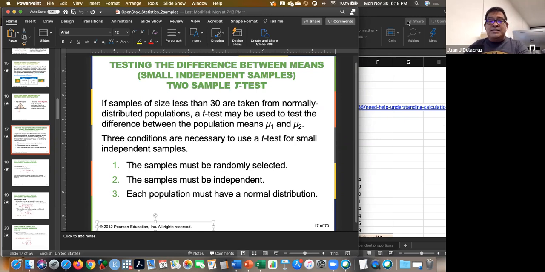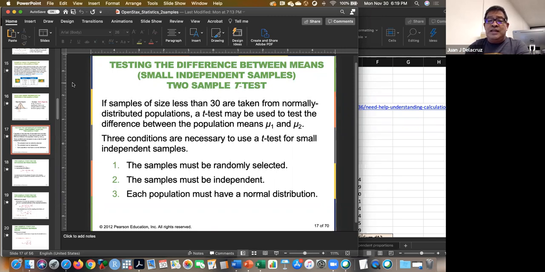So in the previous class, we were looking at two different samples, and we were performing these hypothesis tests for two different means. We were assuming that the sample was big, meaning we had 30 or more elements in our sample, or we already knew the value of sigma.